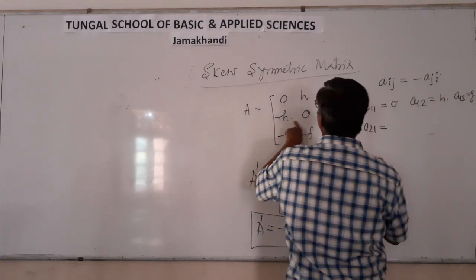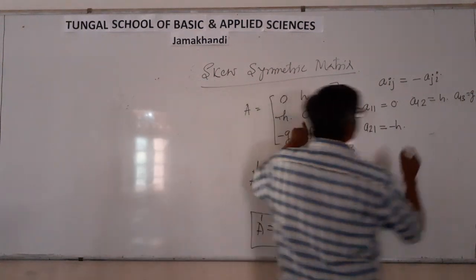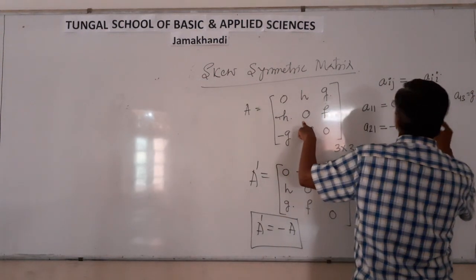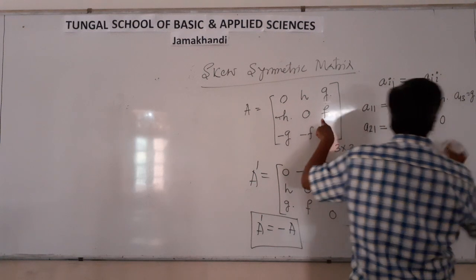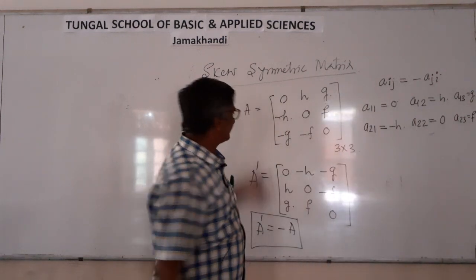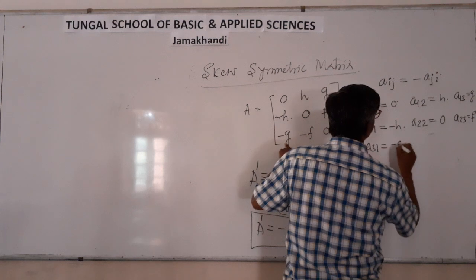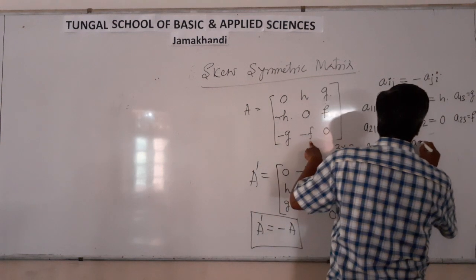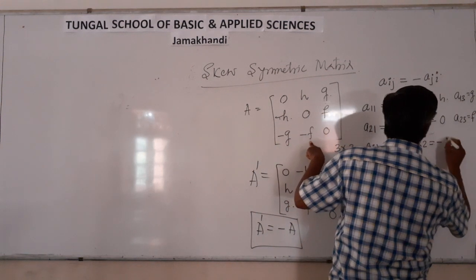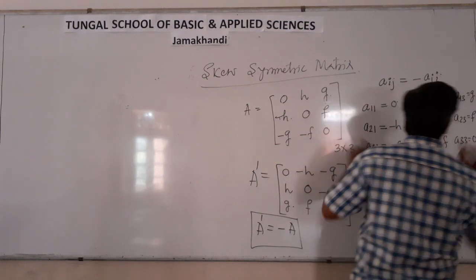A21 equal to minus H. A22 equal to 0. A23 equal to minus F. Similarly, A31 equal to minus G. A32 equal to minus F. A33 equal to 0.